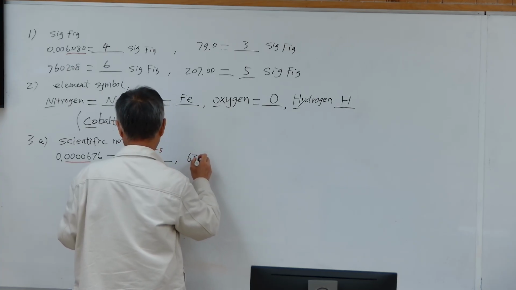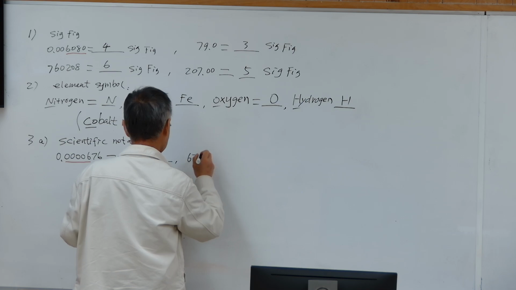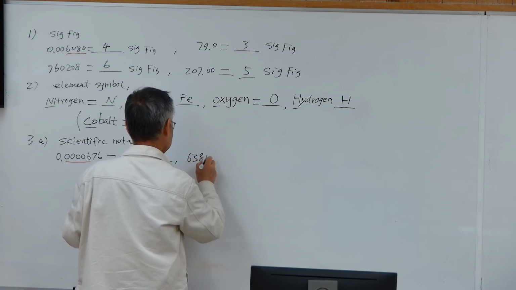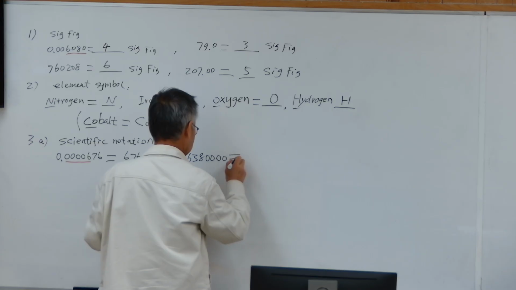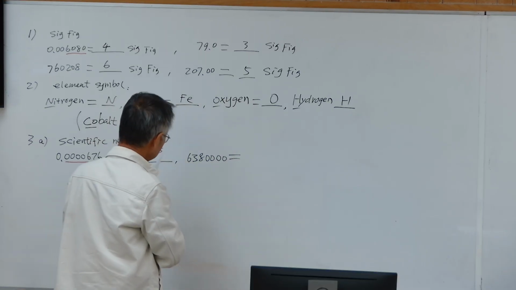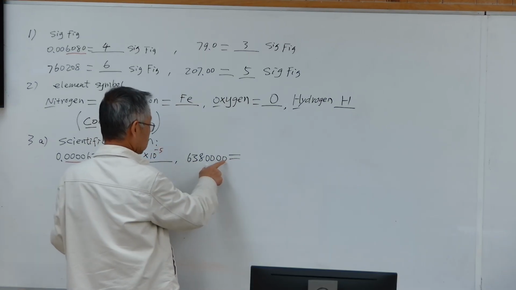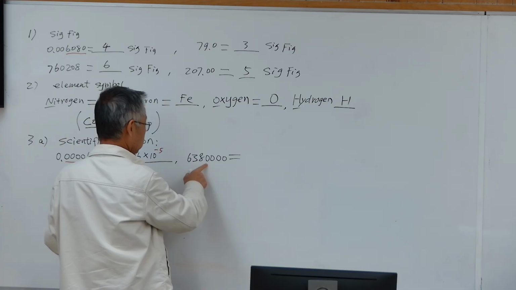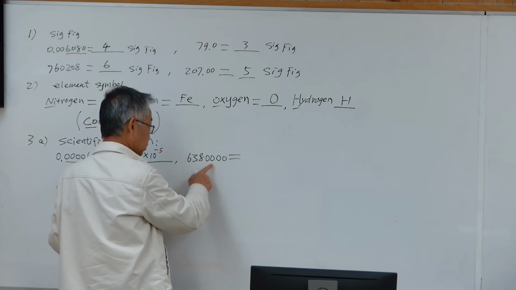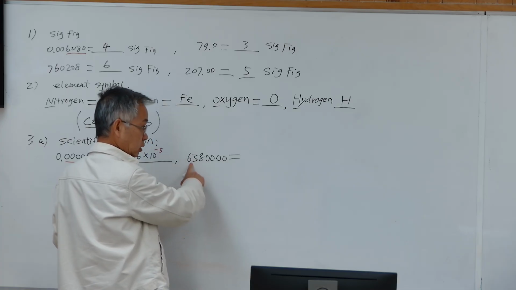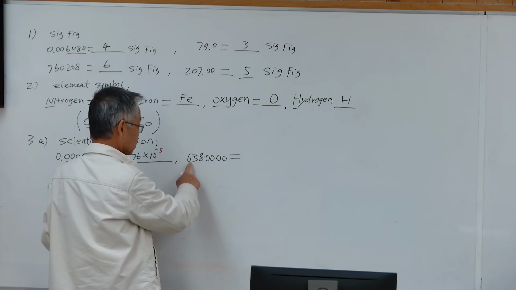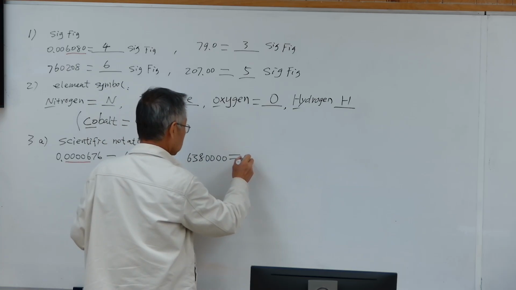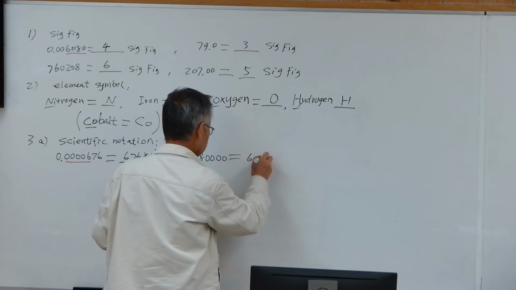Next, the next number is 638000040. In a similar way, we move the decimal point to a place where the number becomes greater than 1 but less than 10. So clearly stop here, 6.38.